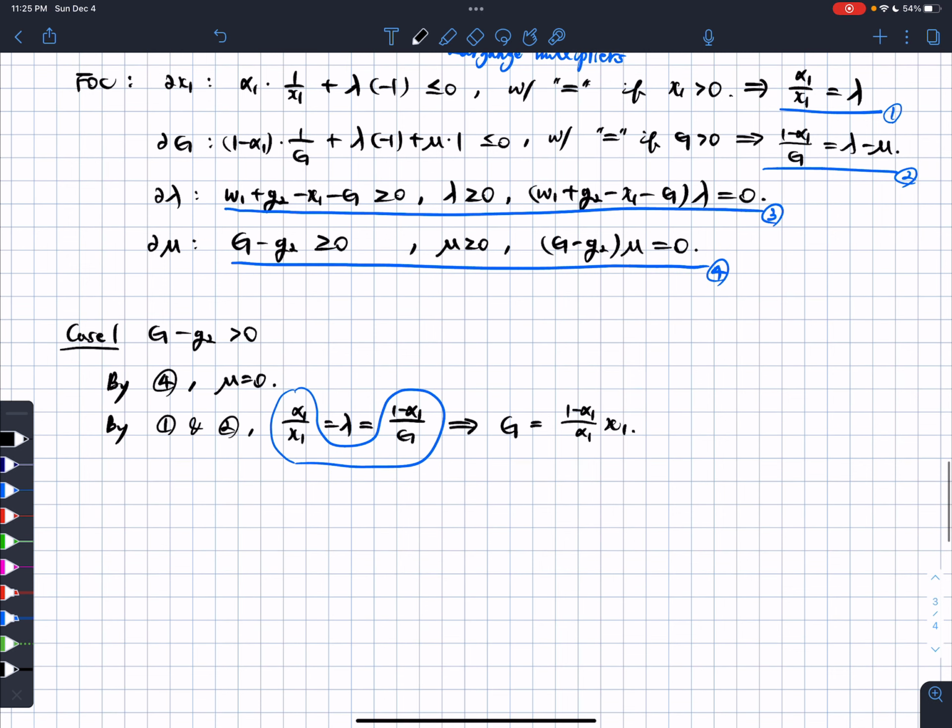Okay, now by equation number 3 and the fact that lambda is positive at a solution, what do we have? We can now plug this into this guy equal to 0. So 0 equal to, let me write it in this way, big G, and I know the expression for this guy.